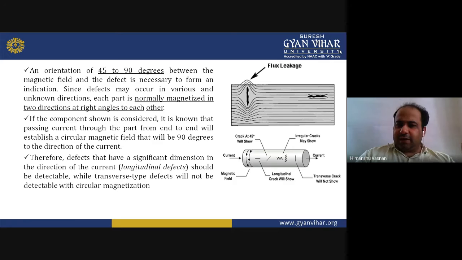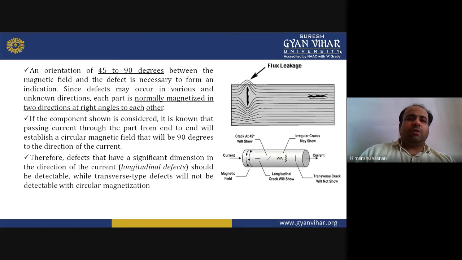Then you can easily see the transverse crack is not showing, but the longitudinal crack is showing as it is at an angle to the magnetic field. The irregular cracks may show because they are also easily available. So in this way you can understand that if there's an orientation of some angle between 45 and 90 degrees between the magnetic field and the defect, obviously an indication will be there.